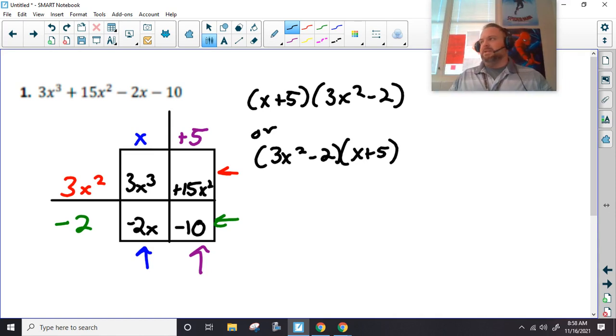So I said I'd do it individually, but we're going to look at number 2 in what's called the factor by grouping method. This is also factor by grouping. I just like this. It just seems neater. And if you could tell by my room, I need some neat in my life.